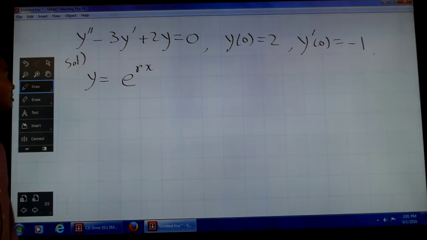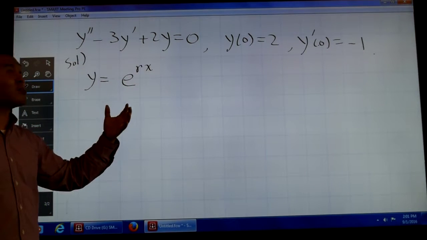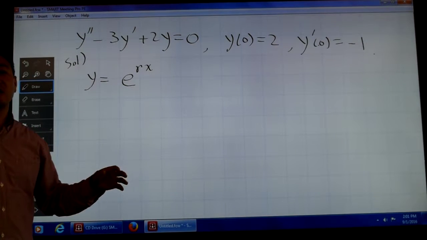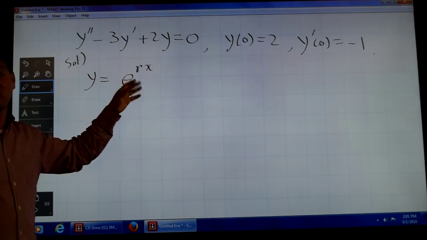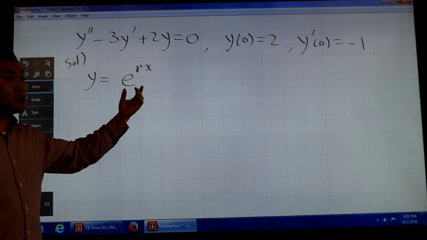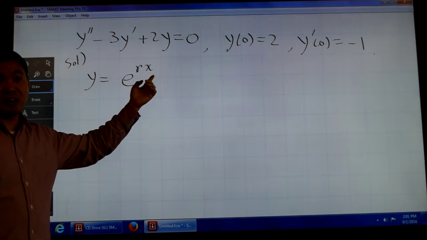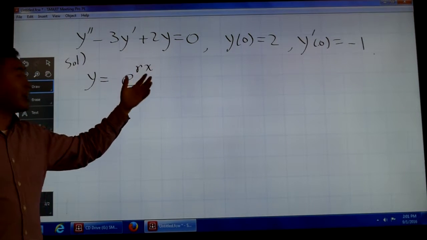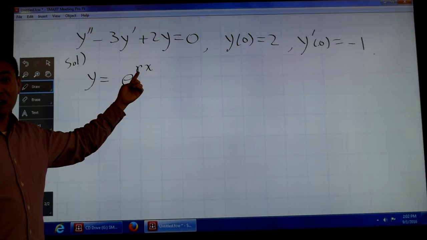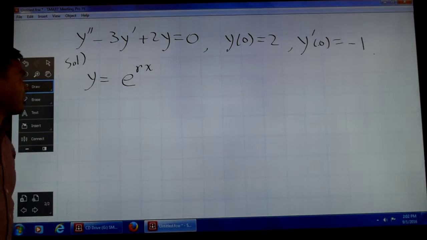There's at least one solution that looks like this. And this is what I mean by educated guess. I mean, nobody can just look at this and say, hey, the solution is e to the x. I know it's e to the x only because I made it so, but it's hard to do that. But if you know that the solution is e to the rx, then in any case, all you have to determine is what's the value of r that would satisfy this. And that's how we say it's a solution.